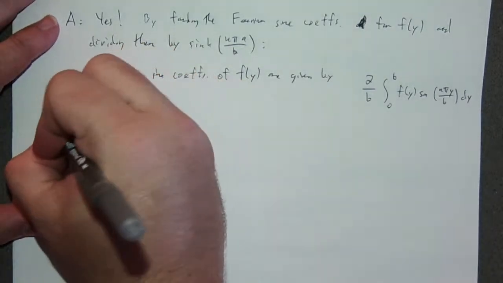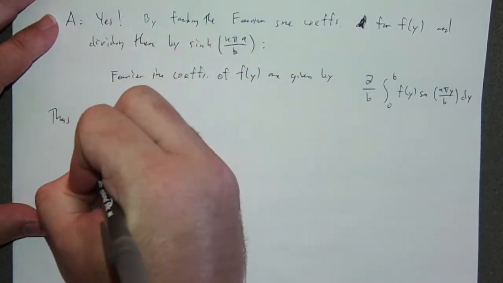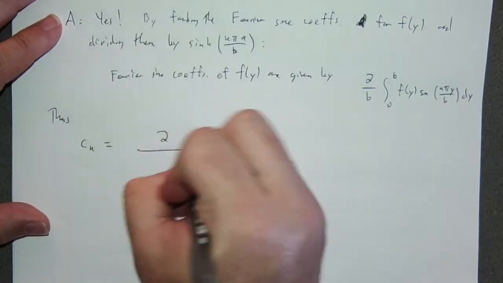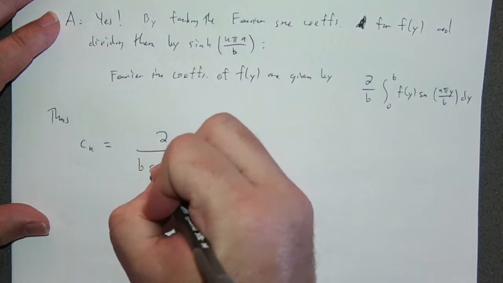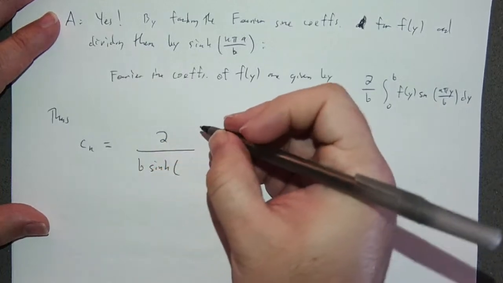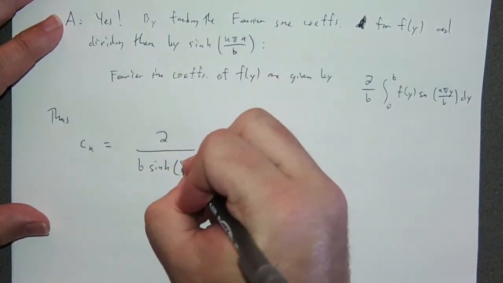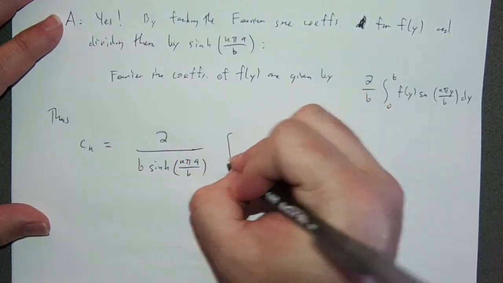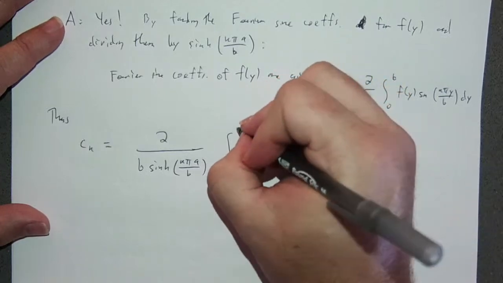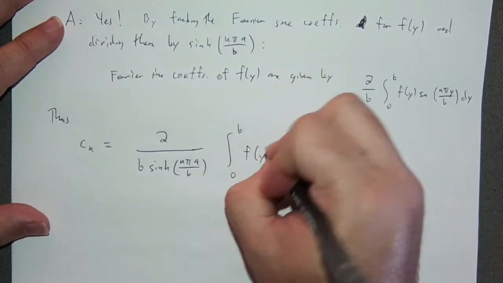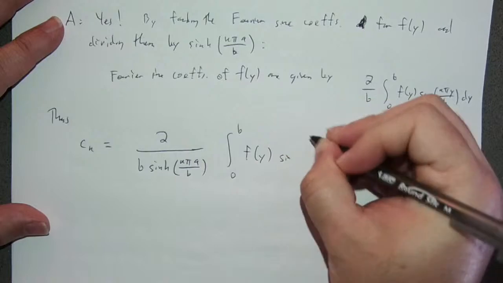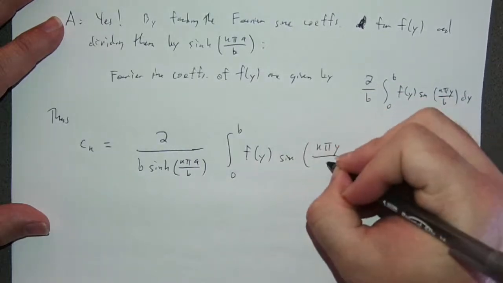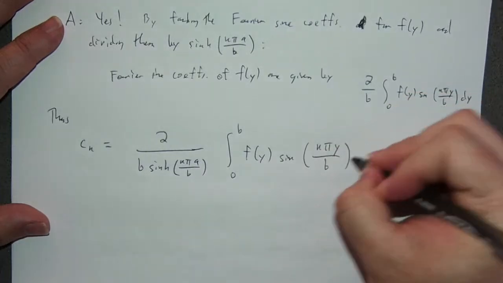Thus, the c sub n that we seek is just 2 over b times sinh of n pi a over b times the integral from 0 to b of f of y sine of n pi y over b dy.